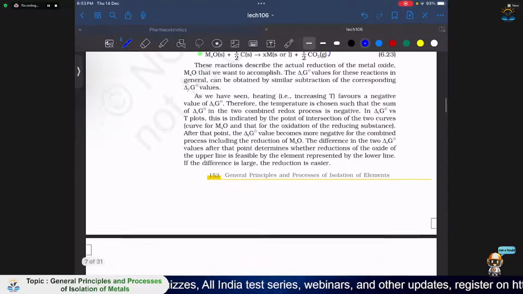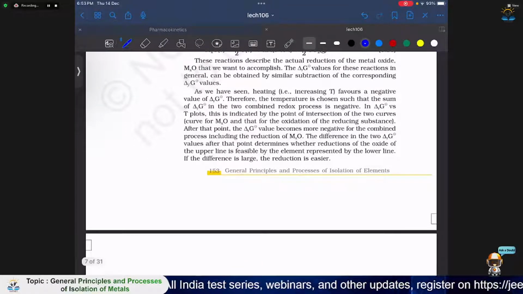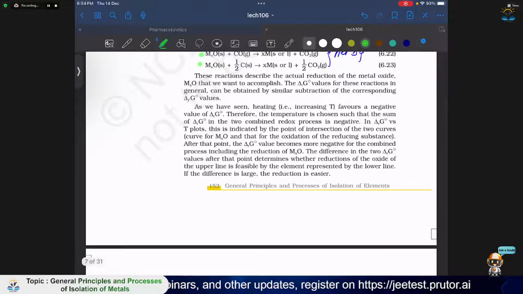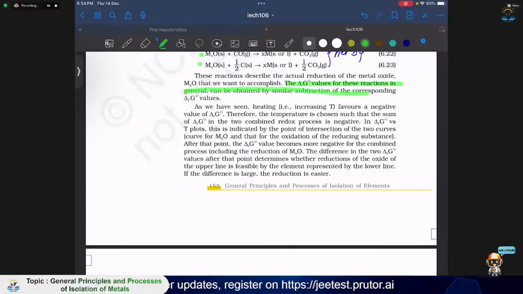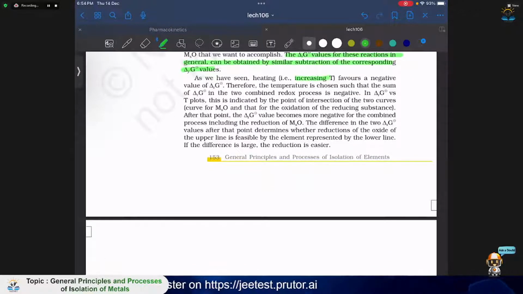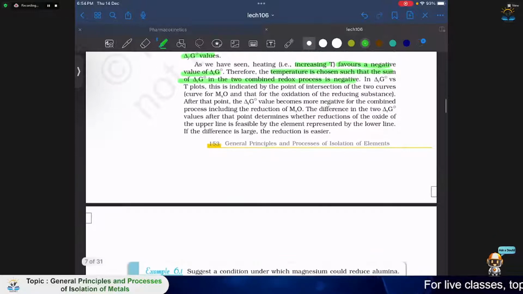Then the difference in the two delta G. So this is what we've been discussing so far, that the delta G naught values for these reactions can be obtained by similar subtraction of the corresponding delta G f values. The next factor is temperature. Increasing temperature favors a negative value of delta G naught. So temperature is chosen such that the sum of the two delta G naught of the processes is negative.